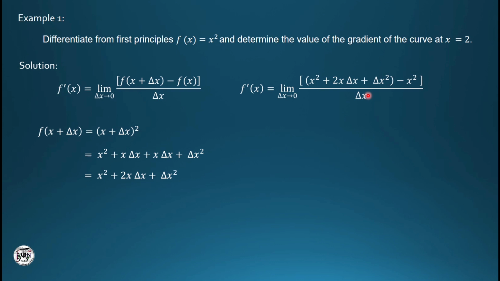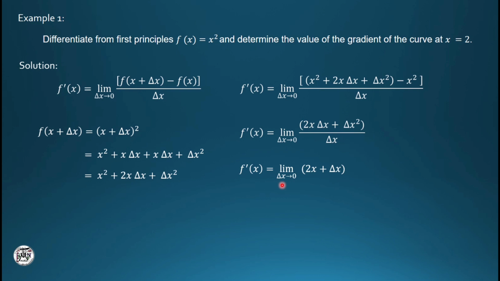The x squared on the numerator is cancelled out because of the minus x squared. So we write the limit of 2x delta x plus delta x squared over delta x, where delta x approaches 0. Then we cancel out both terms with delta x, so the remaining is 2x plus delta x.